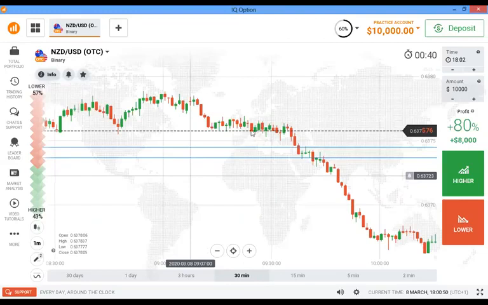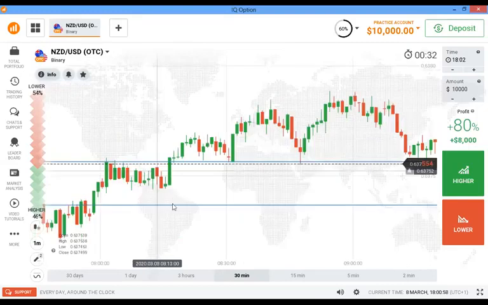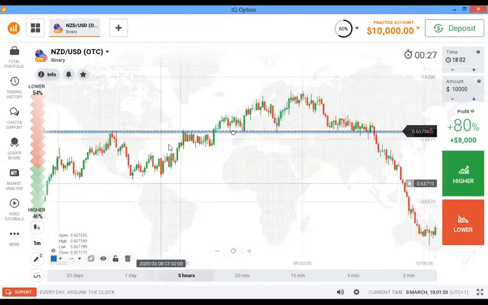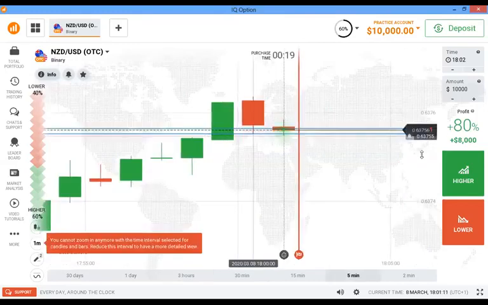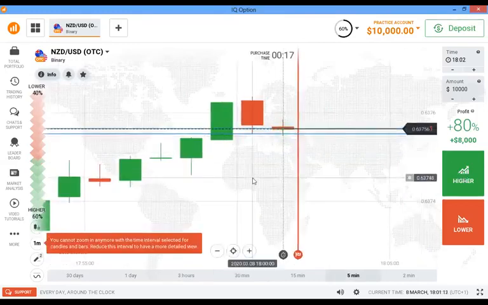The strong level here. This one also. A strong level. Now look at this candle. The market got to that level and then retest. So I just place a call option.